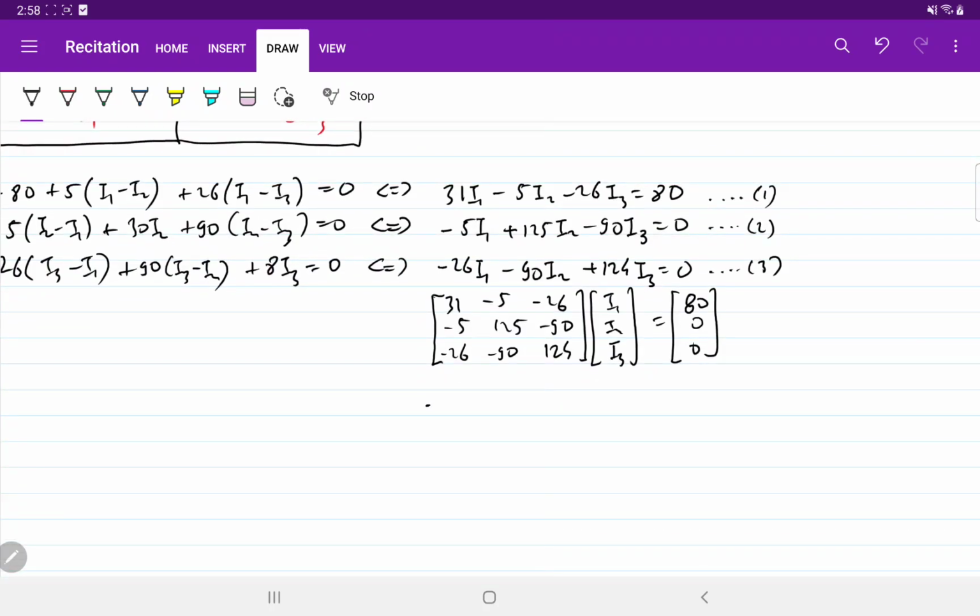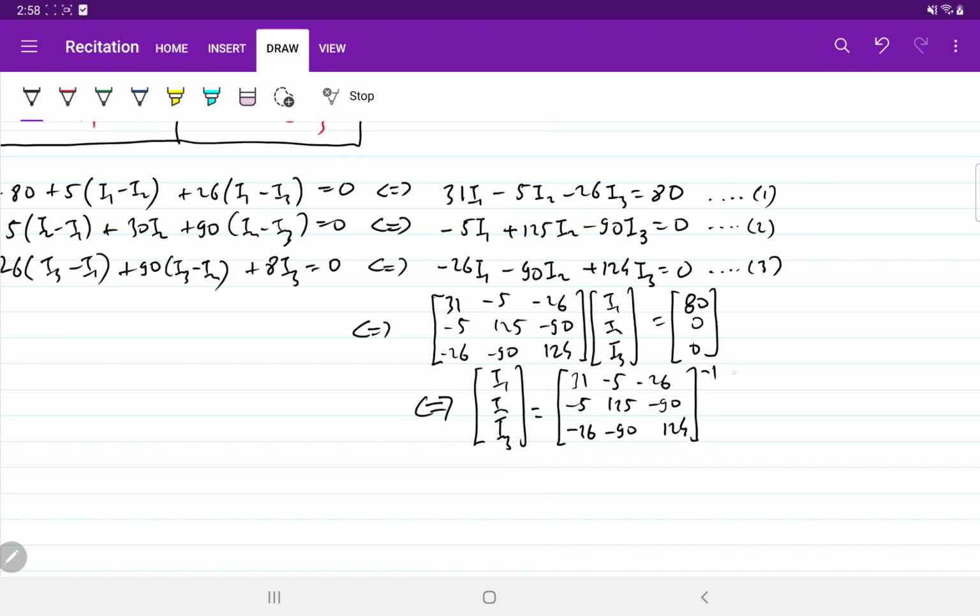Again, so they are equivalent. I1, I2, I3 is nothing but this matrix inverse multiplied by this vector 80, 0, 0.